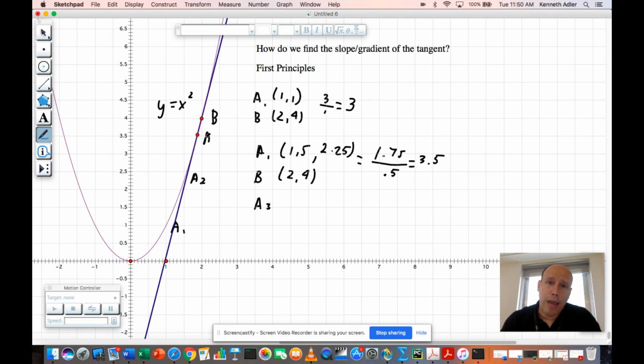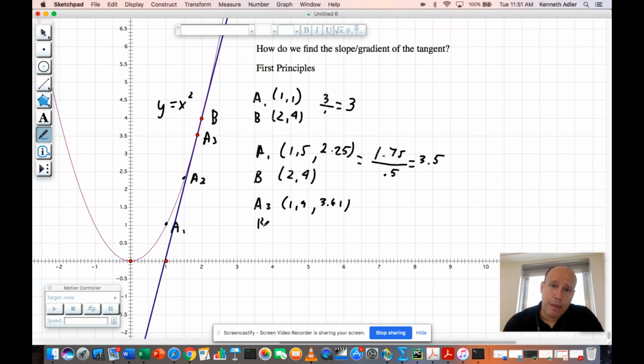So this was A1, this was A2, this is A3, and it's at 1.9. So 1.9 times 1.9 is 3.61.